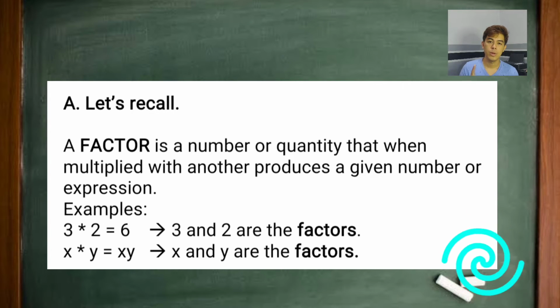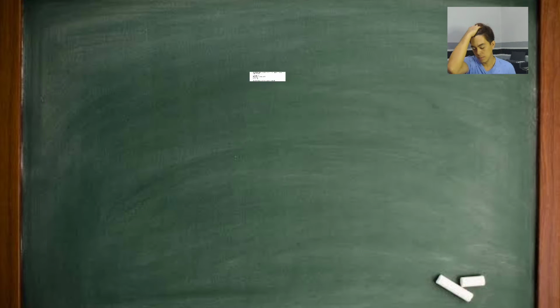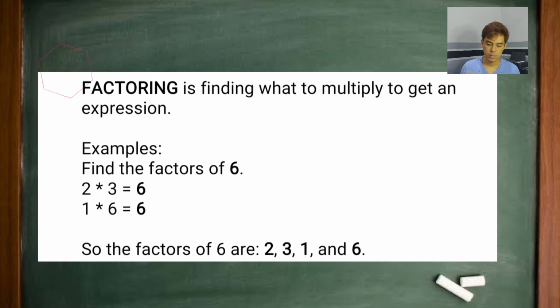Therefore, x and y are factors of xy. Factoring is finding what to multiply to get an expression. For example, para makuha ang 6, pwede nating i-multiply ang 2 at 3, ganun din ang 1 at 6. So, the factors of 6 are 2, 3, 1, and itself, which is 6.